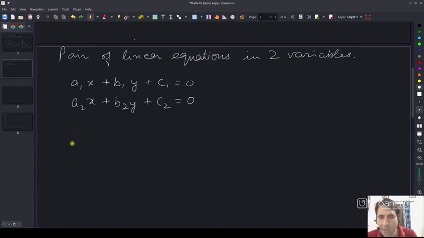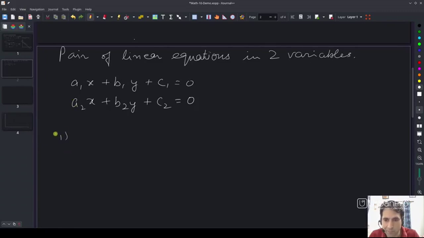Now there are three conditions with which we can find out whether we can find a solution, or the values of x and y, consistently. So what are these conditions?